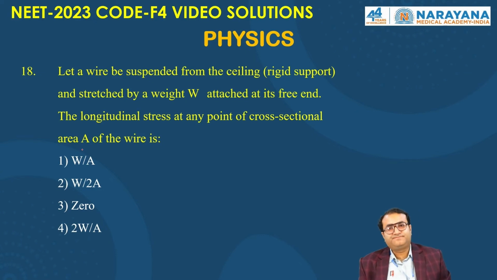Question number 18. A wire is suspended from a ceiling, rigid support and stretched by a weight W attached at its free end. The longitudinal stress at the point of cross-sectional area A of the wire is?